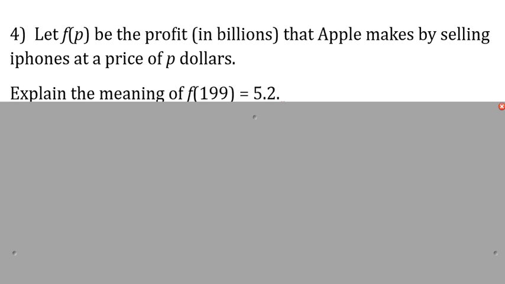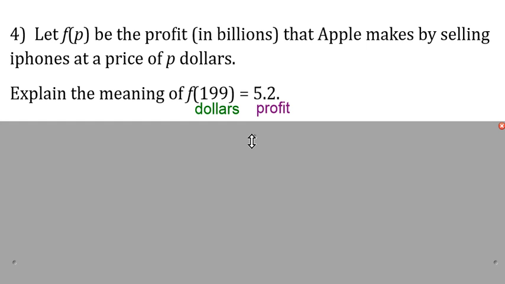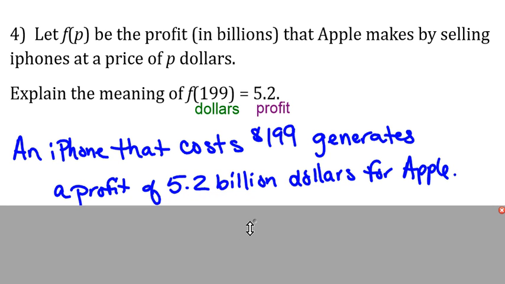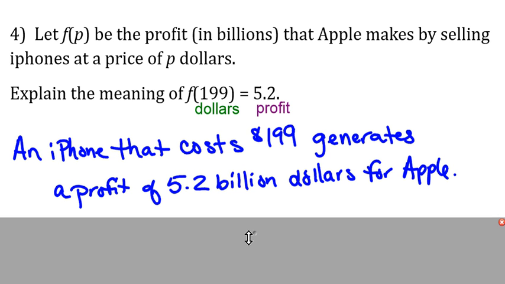So again, let's think about our function notation. 199, that's the input, and that's talking about the price in dollars. 5.2 is the output, the profit in billions of dollars. So this means an iPhone priced at $199 generates a profit of $5.2 billion for Apple.